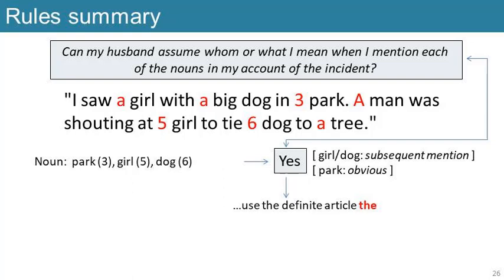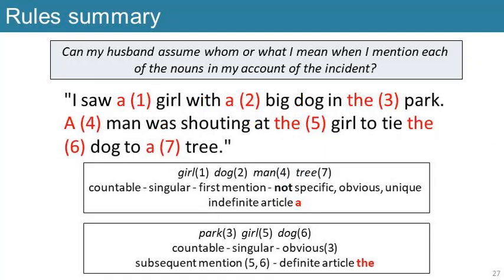And yes, he does know when I mention the girl and the dog for the second time, since he now knows that I'm referring to the girl and the dog I saw when running through the park. So in these contexts, the definite article the is used. Here is the completed text with a summary of the reasons for the choice of article in each case.